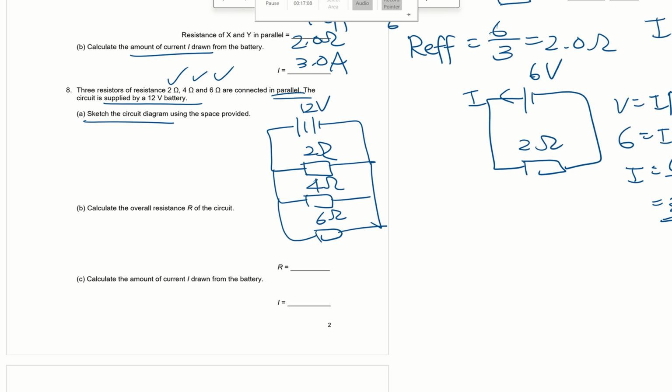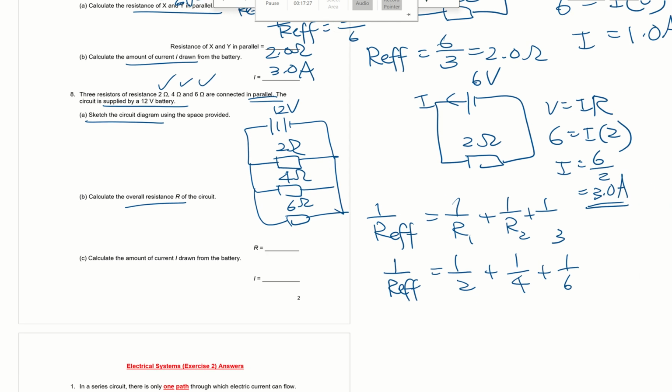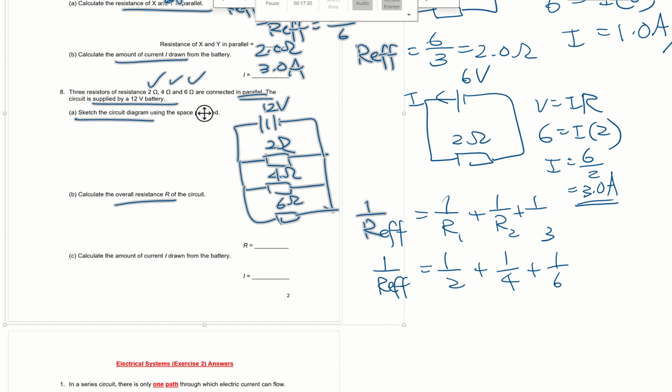So calculate the overall resistance. I apply the formula for parallel resistors: 1 over R1 plus 1 over R2 plus 1 over R3. So 1 over REFF equals 1 over 2 plus 1 over 4 plus 1 over 6. Okay, so again, I don't have a calculator.